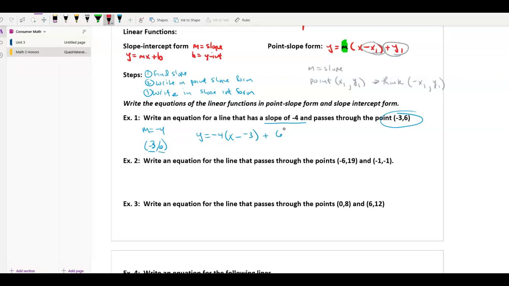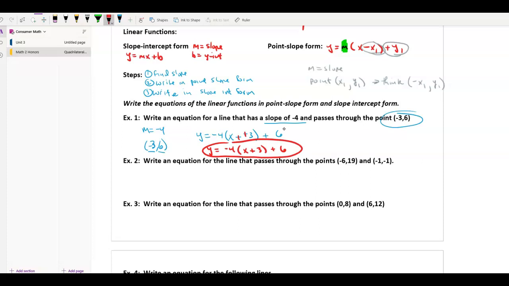Now I do want to freshen this up by saying bling bling here, anytime I subtract a negative. So y equals -4 times x plus 3 plus 6. And this would be the equation of the line.